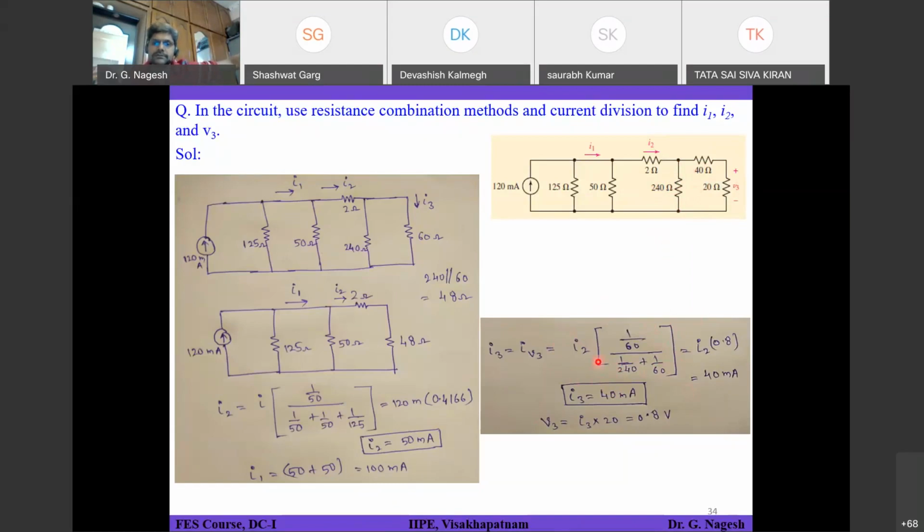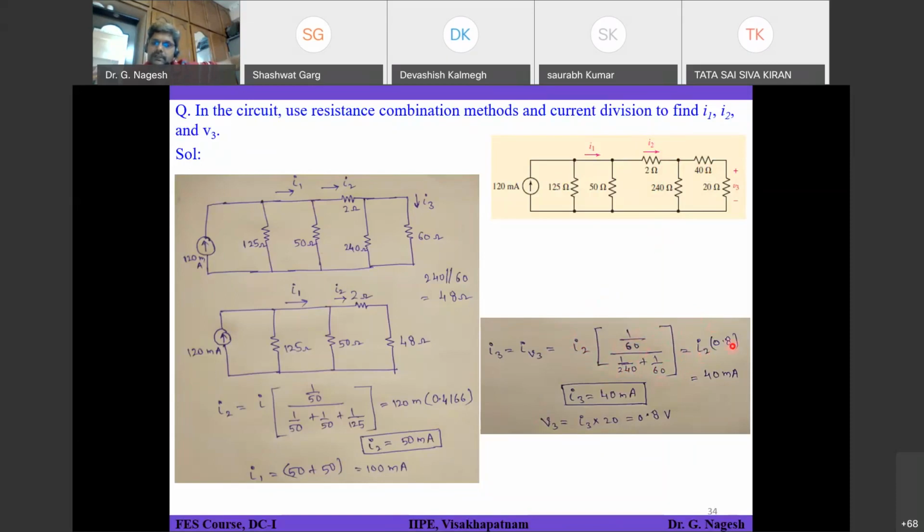So if you do that, total current into inverse of 60 ohms divided by sum of inverses of individual resistors, these two, because this is the combination current. This current is dividing into these two parts, so total current you have to consider at this instant, that is I2. So I2 into 1 by 60 divided by 1 by 240 plus 1 by 60 will give you the current.